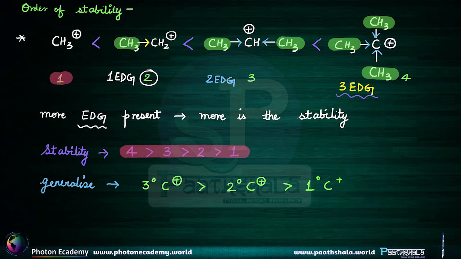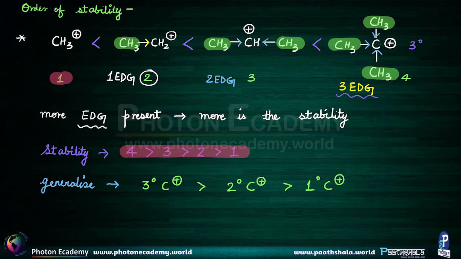Now, which is the 3-degree carbocation here? It is this one. This is 3-degree because it is being given electrons by 3 CH3. And here we have the 2-degree carbocation, and here the 1-degree carbocation.